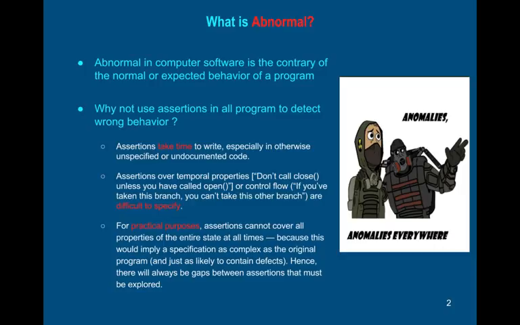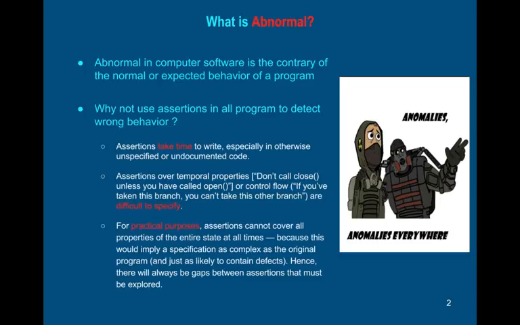Well, assertions take time to write, especially in otherwise unspecified or undocumented code, and assertions over temporal properties, like don't call close unless you have called open, or control flow. So if you have taken this branch, you cannot take this other branch, and these are difficult to specify.